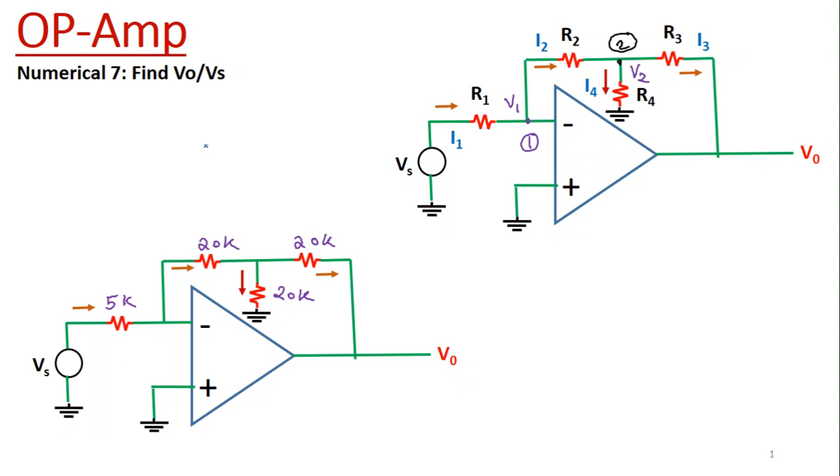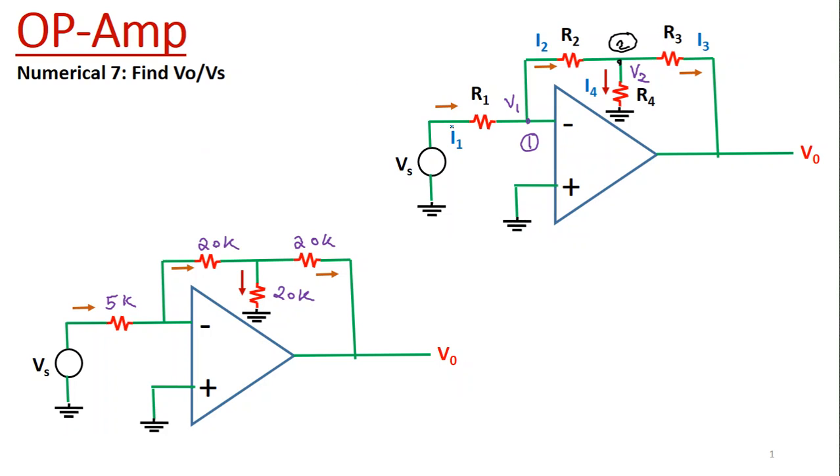So today's question is numerical number 7. We have to find the ratio of output voltage VO upon source voltage Vs, that is feedback voltage gain, from the circuit diagram.